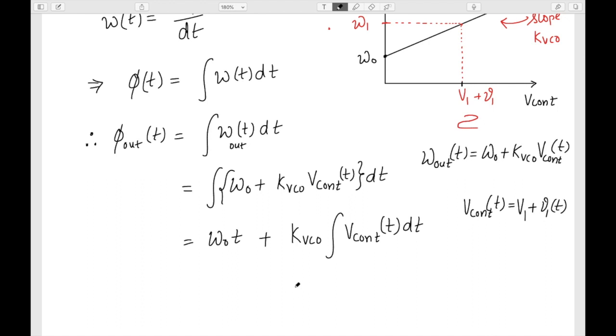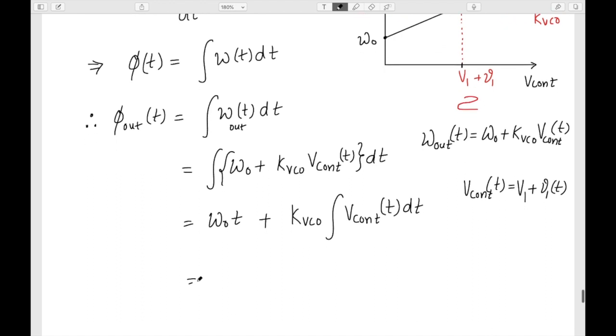So I can substitute this V cont with V1 and v1(t), and it is something like omega naught t plus KVCO; again the constant V1 comes outside, and this is the integration of dt, plus again KVCO times the integration of v1(t) dt.